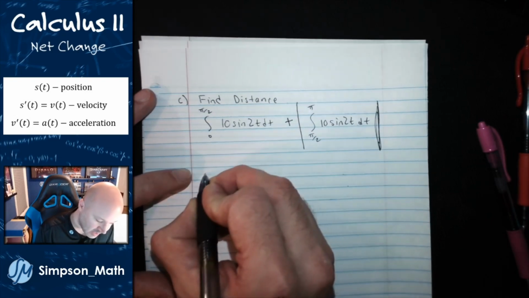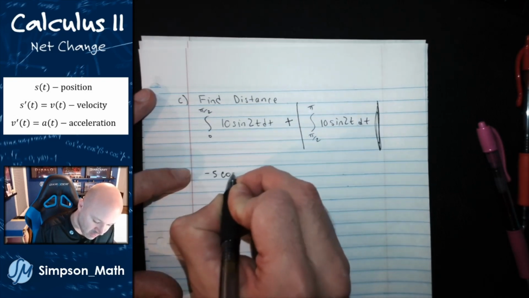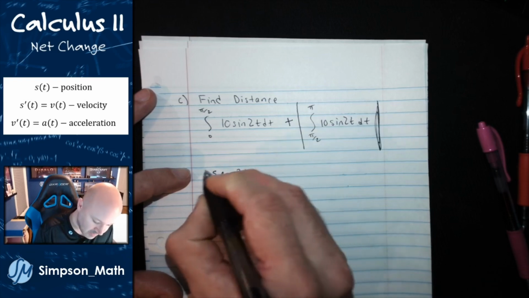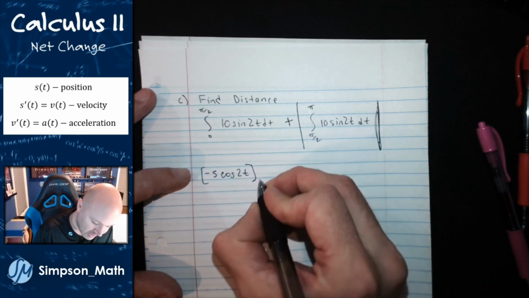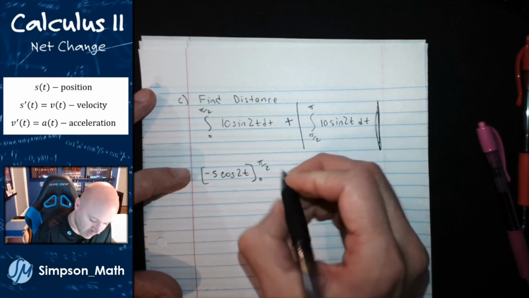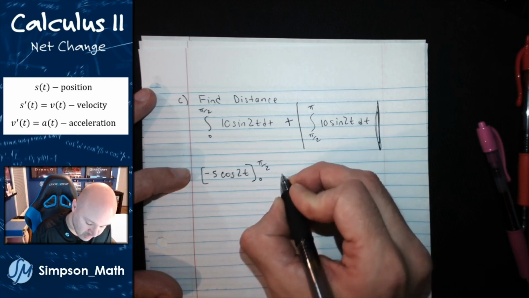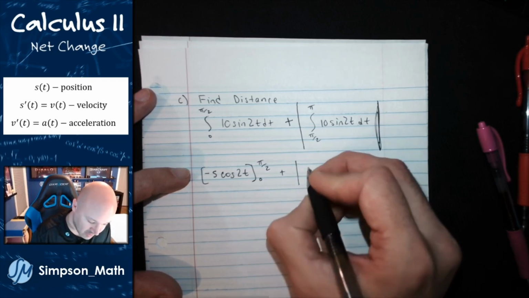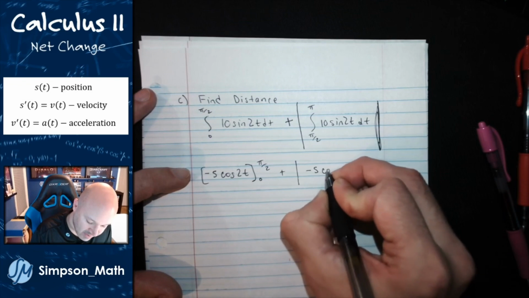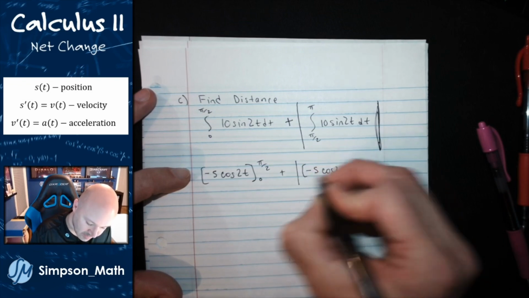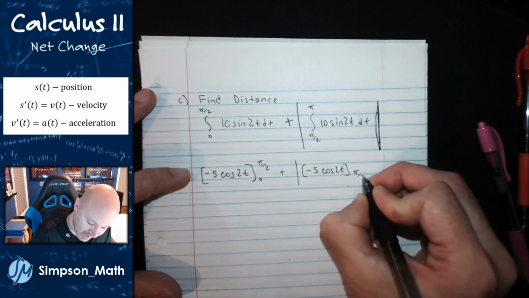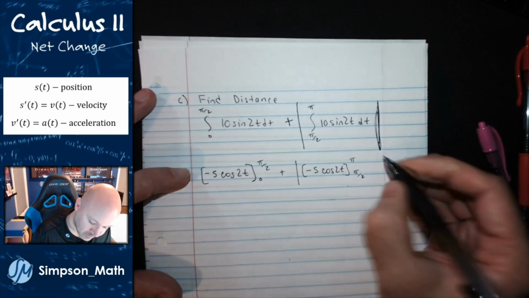I already said the integral of this is -5 cosine 2t. We're taking that and evaluating it from 0 to pi halves. To that, we're going to add the absolute value of -5 cosine 2t being evaluated from pi halves to pi.